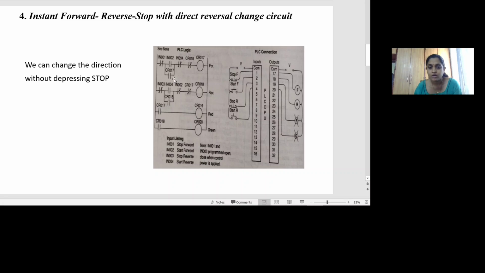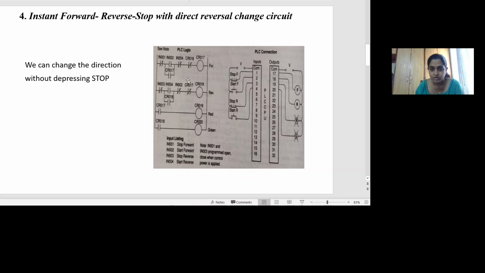Then we have a contact CR017, which is parallel with the IN002. This CR017 serves the purpose of a seal contact, which I explained in the last session. So CR017 and CR018 contacts are used as seal contacts.